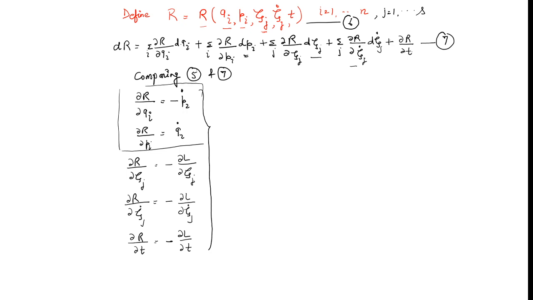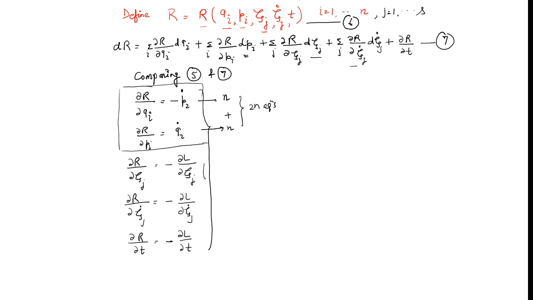You see, these two are representing 2n equations like the Hamiltonian equations. There you have H in place of R. So these are n in number, i is going from 1 to n. So these are n, these are n. So these are 2n equations.